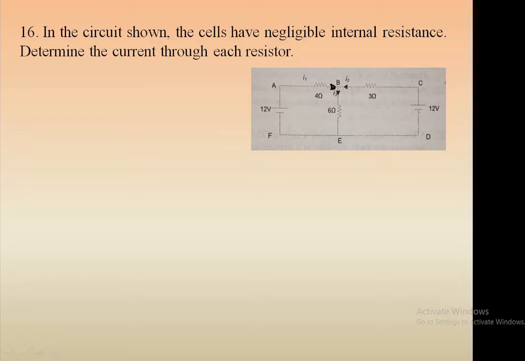So let us take this clockwise direction as the positive direction. In this loop also, the clockwise direction is the positive direction. Now first apply the junction rule at the junction B.